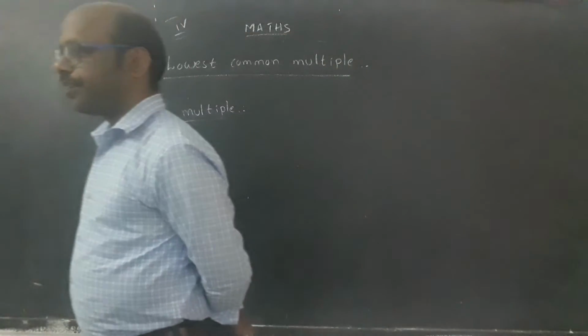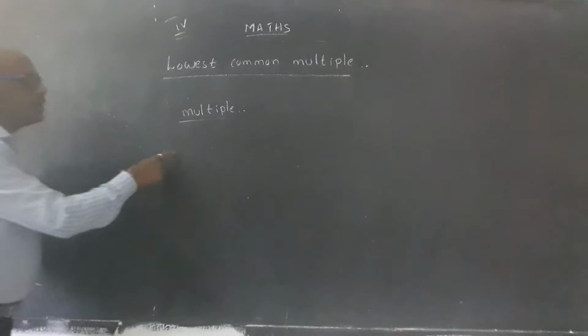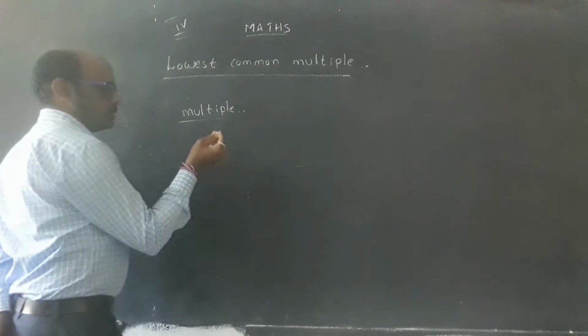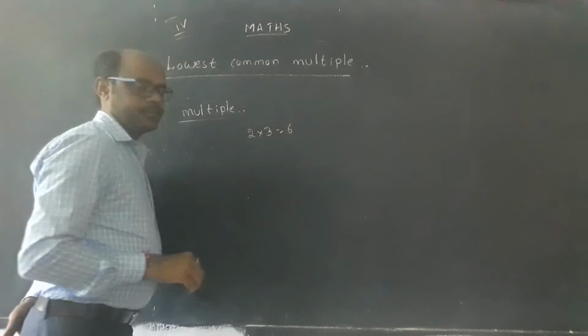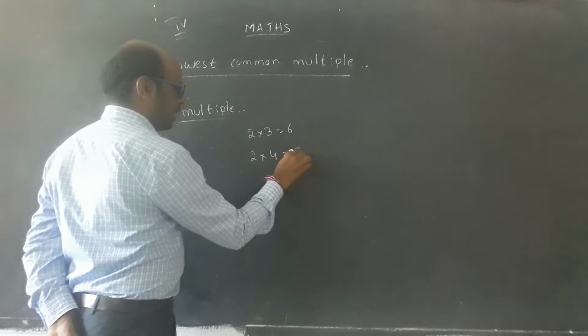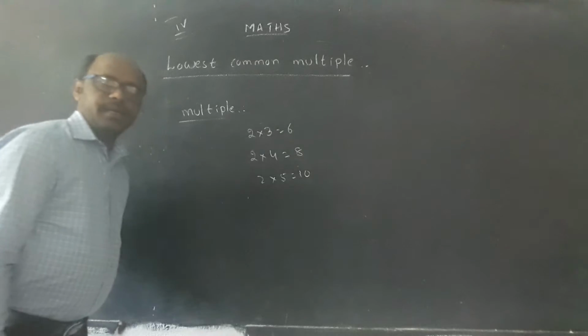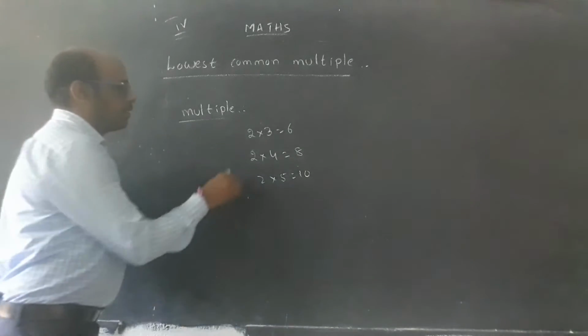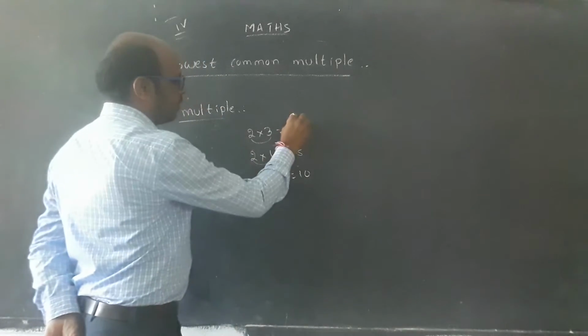Now the next one, a multiple example. 2 into 3 is 6, 2 into 4 is 8, 2 into 5 is 10. See, children, here we are multiplying two numbers and we get the product.